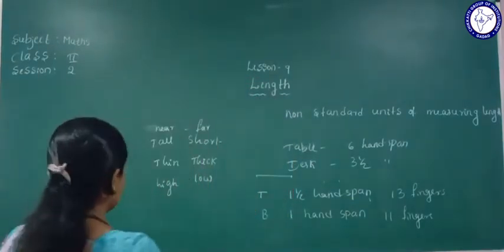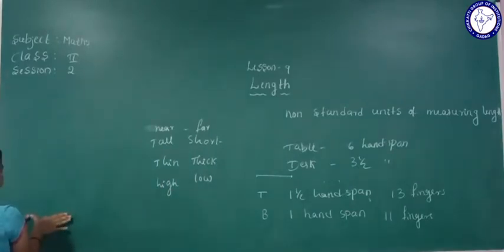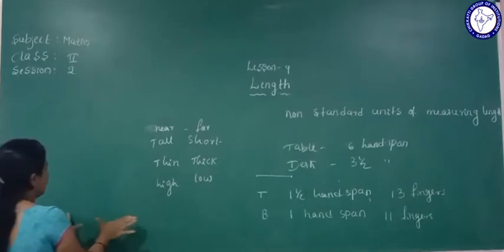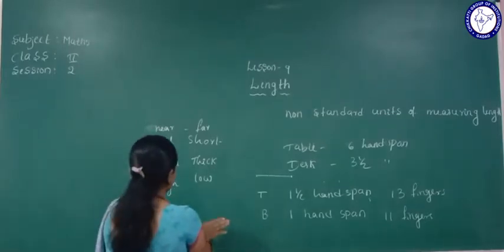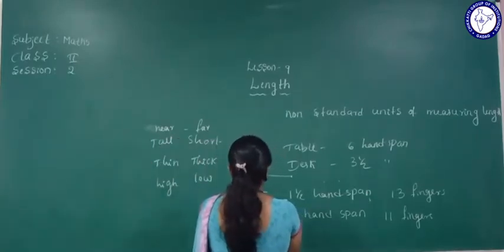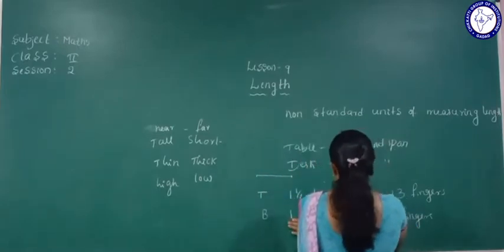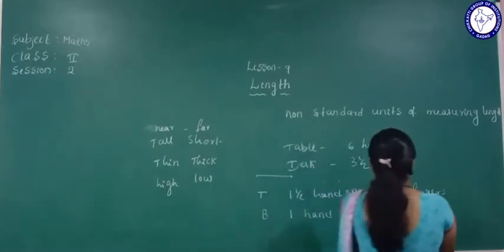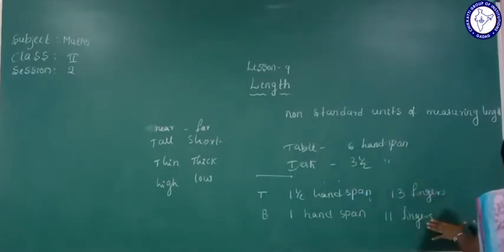See, we will measure here: this is 2, then 4 handspan, next 6, then 8, next 10, 12, and the next is 14 handspan.